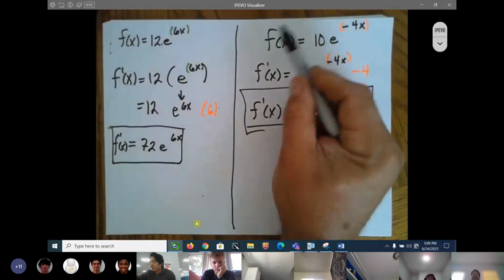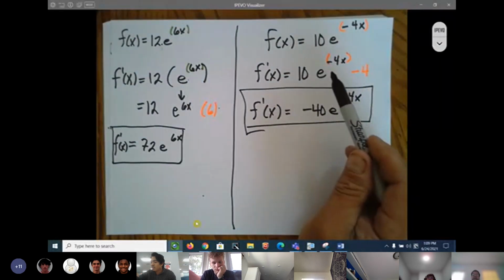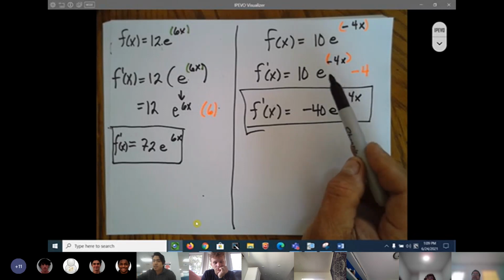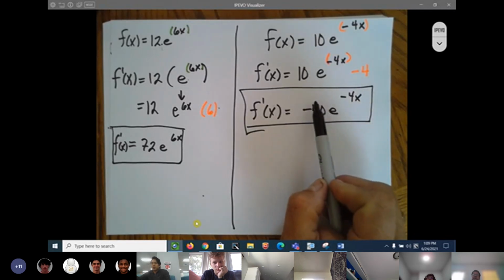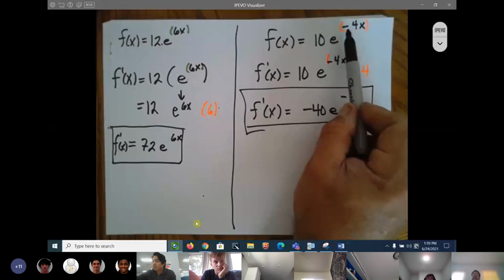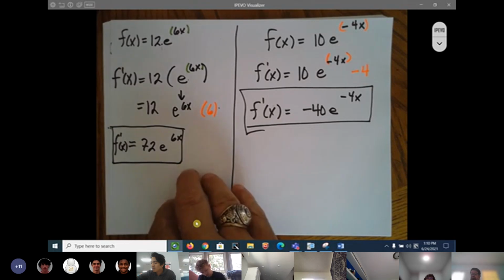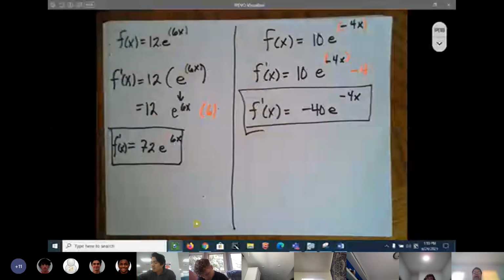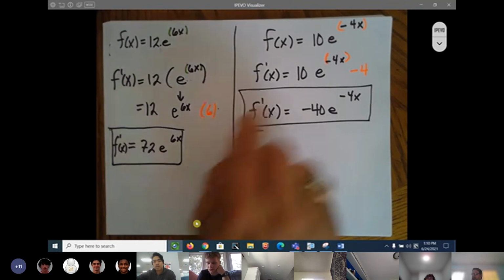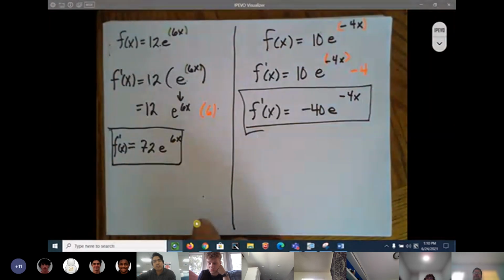If I put this on a test with 30 people, I'll have 5 to 10 miss or skip this problem because of that negative. And I guarantee you, there's somebody in here that's taken Calc 1 before, and when it came to e to the x, they never could get it right because they couldn't remember the chain rule.